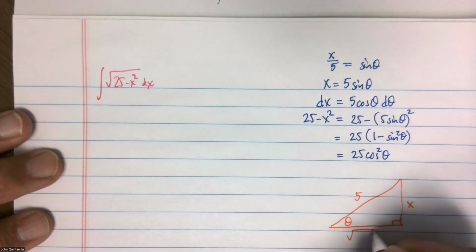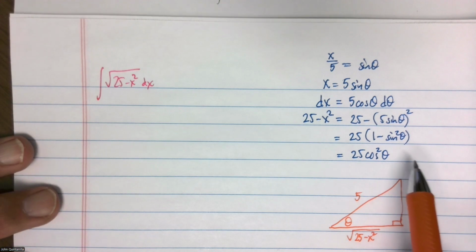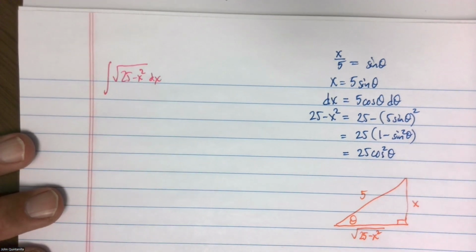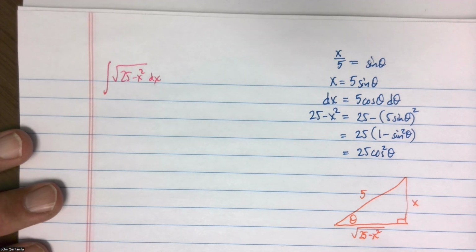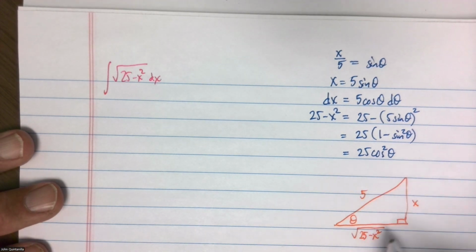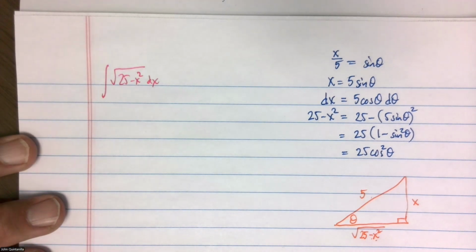And then this side here would be equal to the square root of 25 minus x squared by the Pythagorean theorem. And so we can kind of confirm this, right? If we take a look at what we have here, we would see that the cosine of theta would be equal to the square root of 25 minus x squared over 5, which is what we would have expected from this. More on that in a little bit.